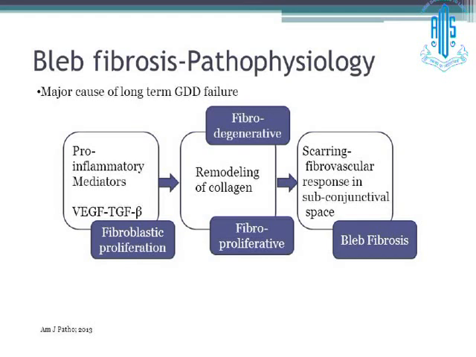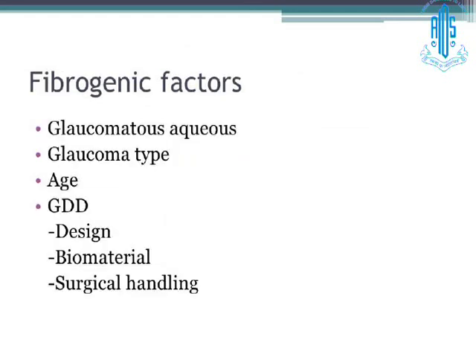But what happens when this process goes slightly uncontrolled? The fibroproliferative changes continue and they overpass these fibrodegenerative changes. So these fibroproliferative changes lead to scarring in the subconjunctival space and lead to bleb fibrosis. So what are the fibrogenic factors involved in bleb fibrosis?